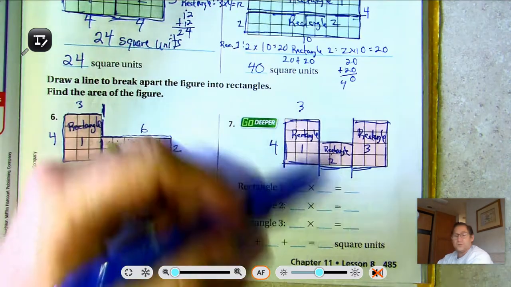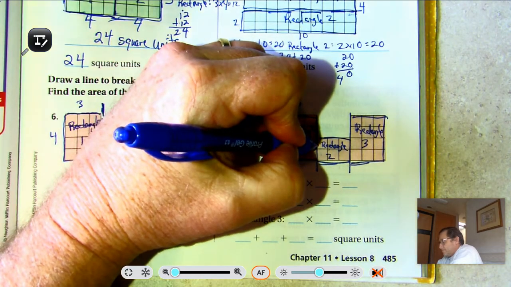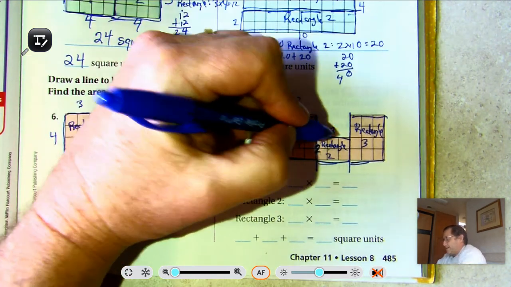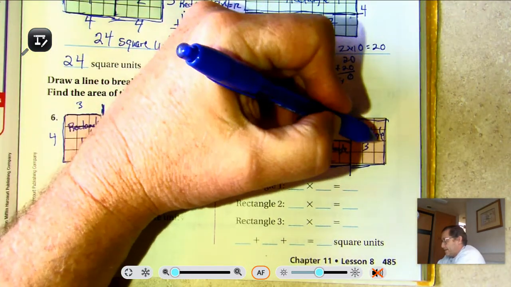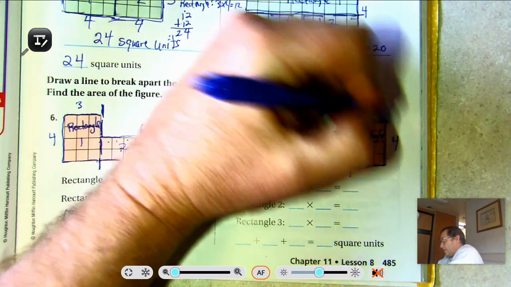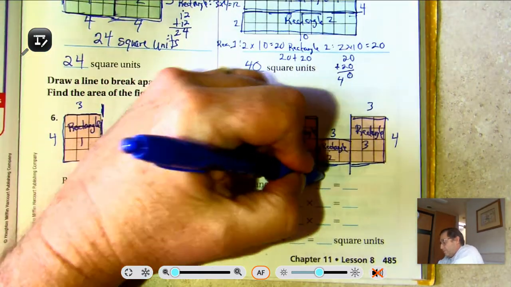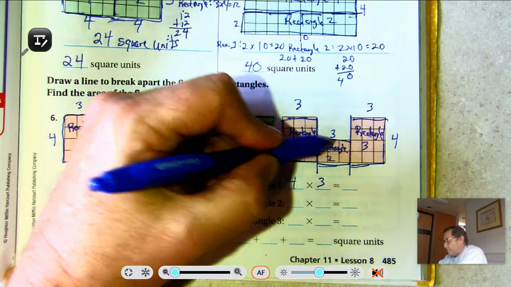So rectangle 2, there are 2 rows of 3. 2 rows of 3. And rectangle 3 is the same as rectangle 1, 4 by 3. So rectangle 1, 4 times 3. Rectangle 2, 2 by 3.